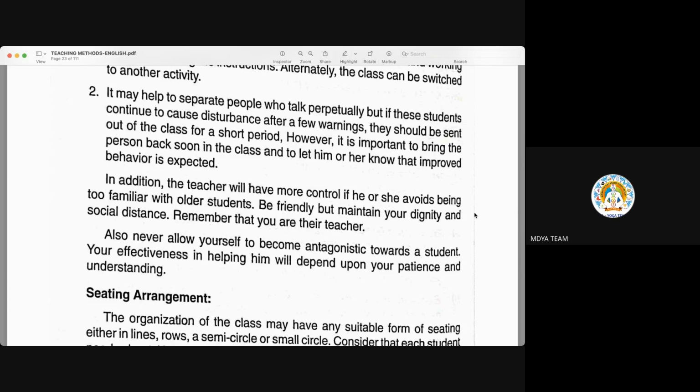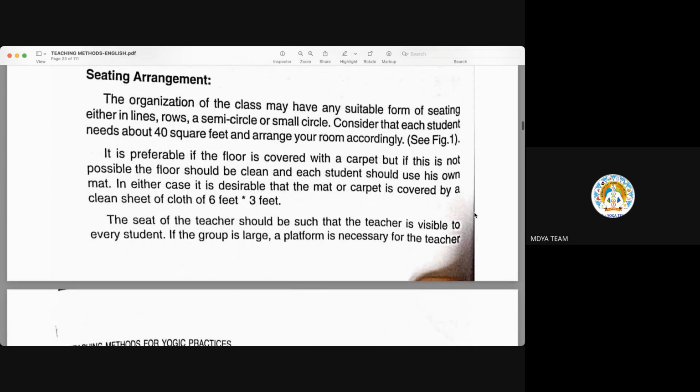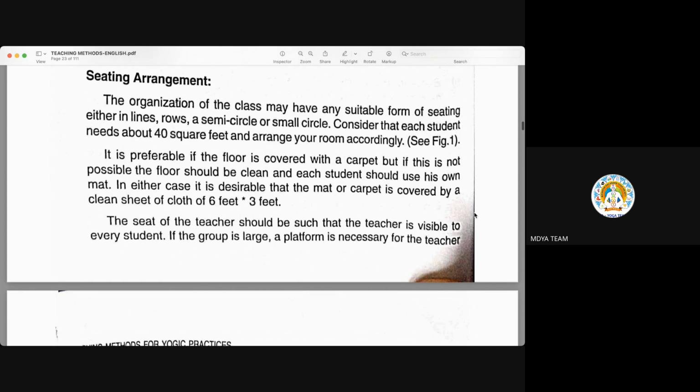All these things you have to keep in your mind, because you have your own position, you are the leader. You have to maintain your dignity, your position, your status. Your effectiveness in helping him will depend upon how patient you are, your patience and your understanding. So this is a very important psychological part of the student and teacher relationship.